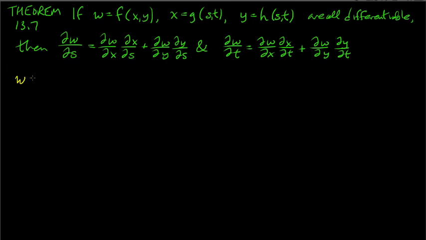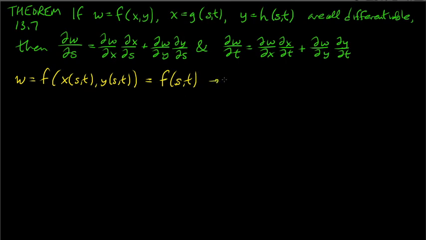After all, w is a function of x and y, but x is a function of s and t, and y is a function of s and t. So indirectly, f depends on s and t. So by eliminating x and y, you can solve for w in terms of s and t, by substituting, just like we did earlier.